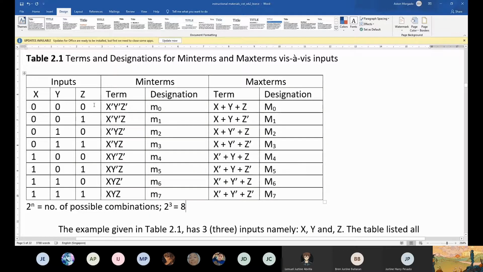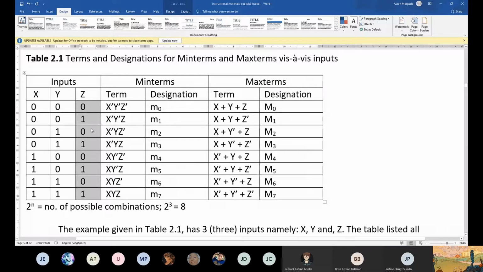So if you notice, we are following binary, base 2. These are actually a binary sequence. Kung mapansin nyo rin, trivia lang din to, the Z here is the least significant bit.